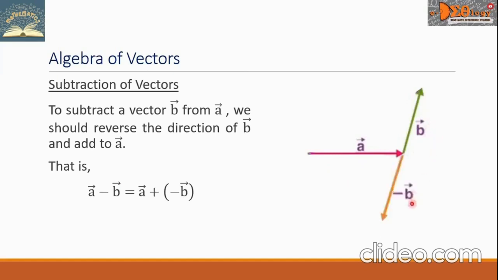For the negative of vector B, it becomes like this. Now, vector A minus vector B is here. The initial point of the difference starts with vector A, and the terminal point of the difference ends with the terminal point of vector B.